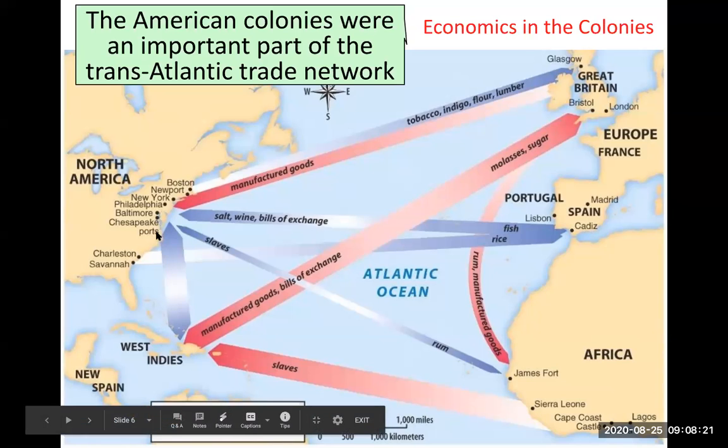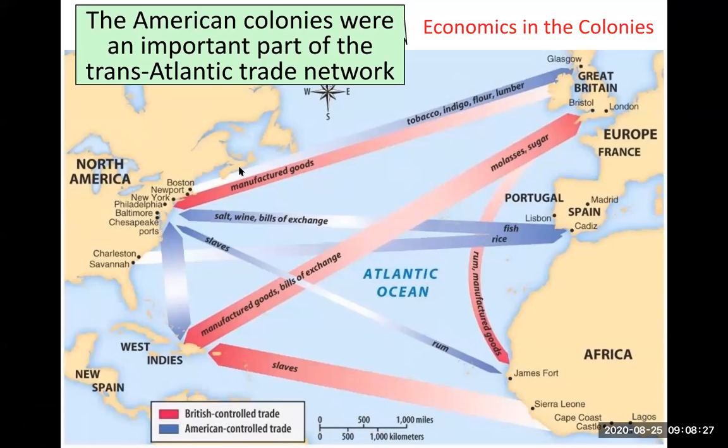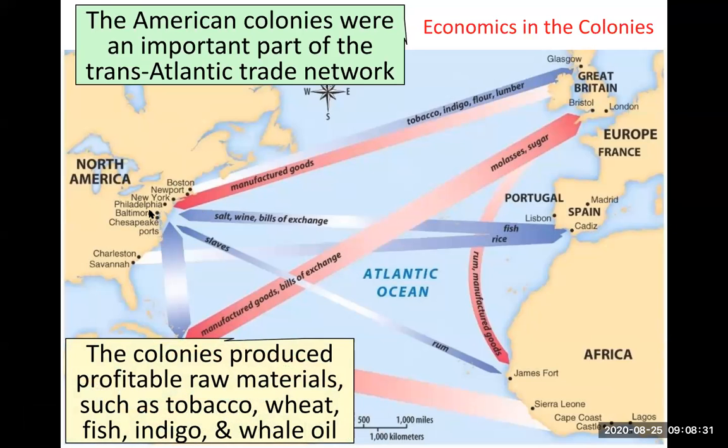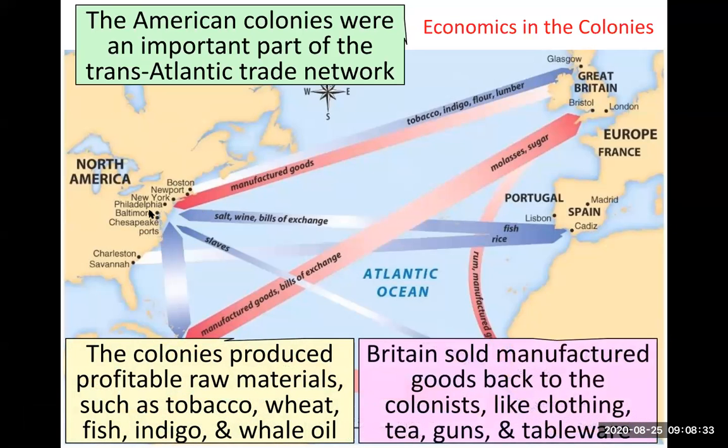And then from there, they were taken to North America. As you see an increase in the demand for these raw materials, you are going to see an increase in the demand for African slaves as well.